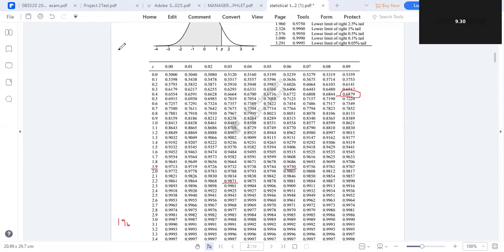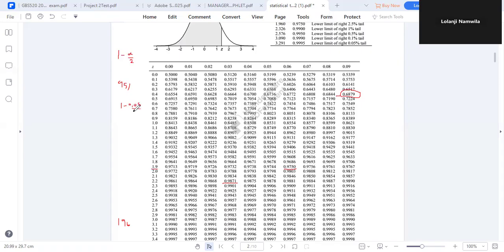So how we read the Z is simply 1 minus alpha over 2. You read from inside the table. If we're dealing with 95%, for instance, what is our alpha for 95%? It is 0.05, isn't it? So 1 minus 0.05, divided by 2.